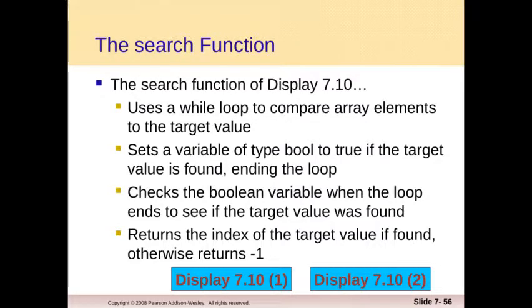Okay, and yeah, we're going to use a loop, of course, that goes over all the array elements. That loop, or the entire program or function, whichever way you want to look at it, sets a variable of type bool to true if the target value is found.